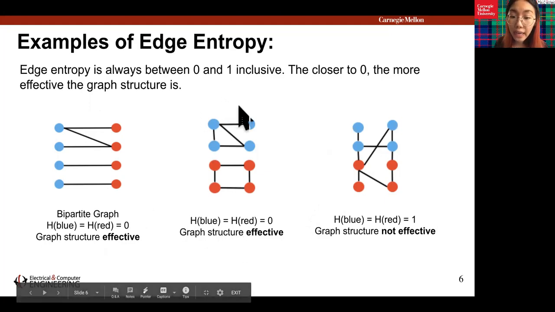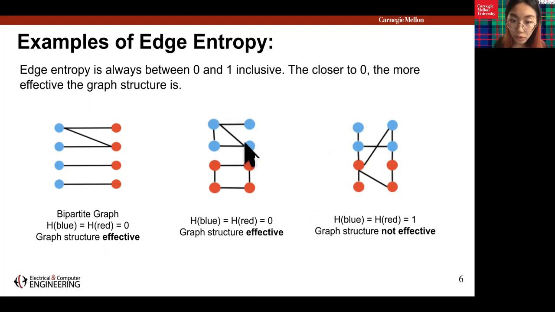For the graph in the middle, the blue nodes always connect with blue nodes, and the red nodes always connect with red nodes. In this case, the edge entropy is again 0 because P blue blue is 1 and P blue red is 0. So the graph structure is effective.